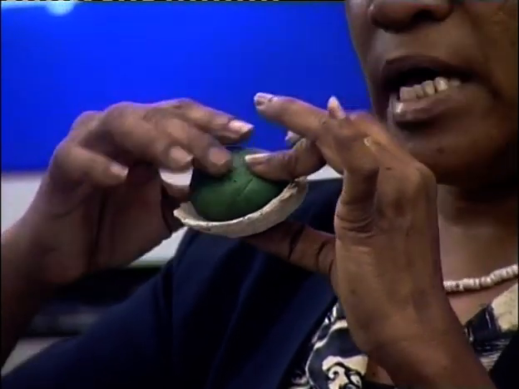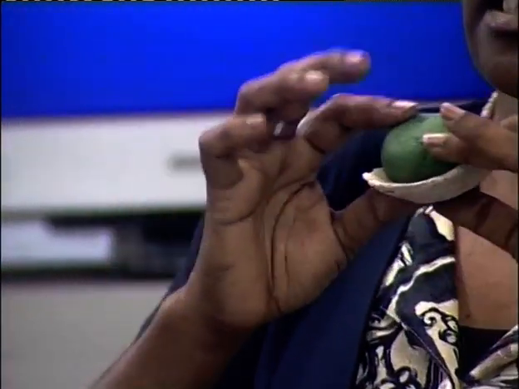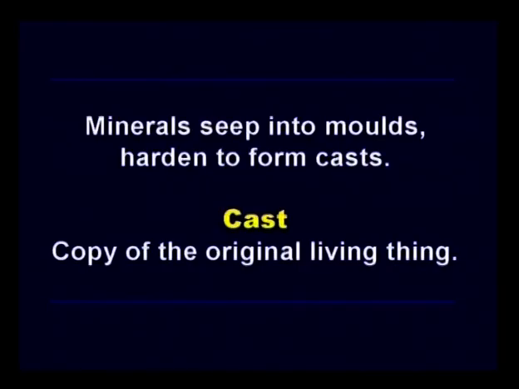And as it happens, it takes the shape of this shell, and that is the mold. Now, as minerals seep into the molds, they harden. While it's there, the minerals seep in and harden this sediment that is in the mold. And we have a copy of the original living thing that is called the cast.